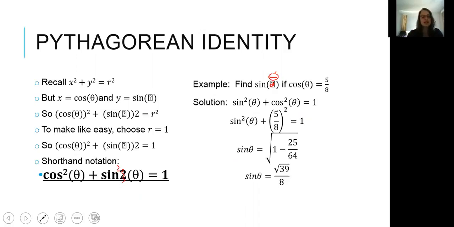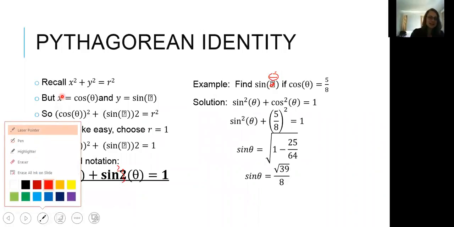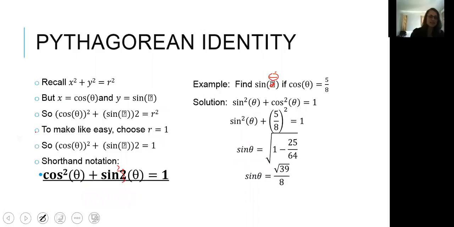But we also know that x is equal to r cosine theta, right? And y is equal to the radius of the circle times the sine of theta. So now we're going to square that. We get r cosine theta squared plus r sine theta squared.